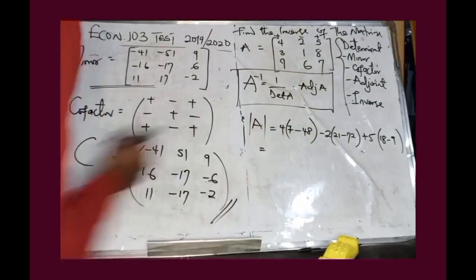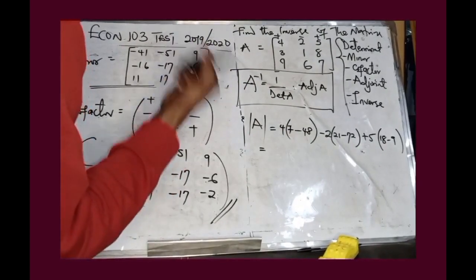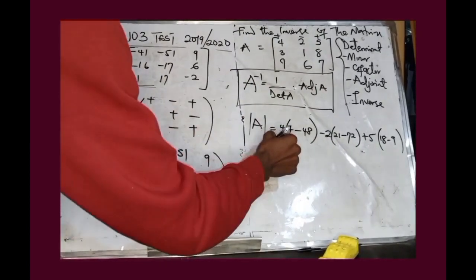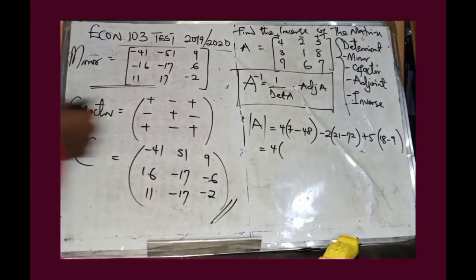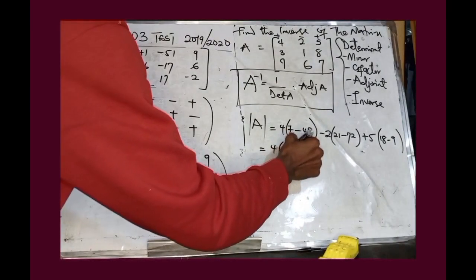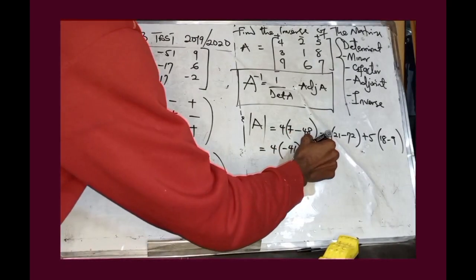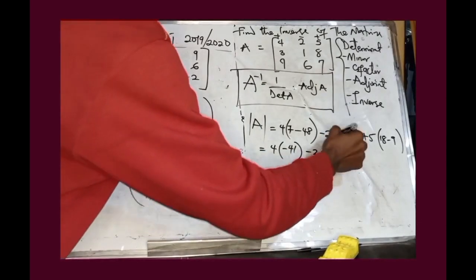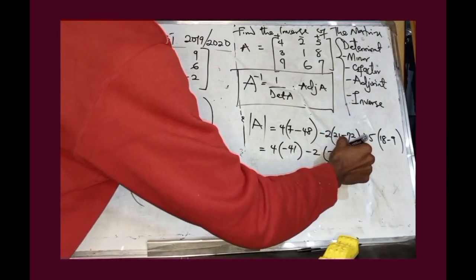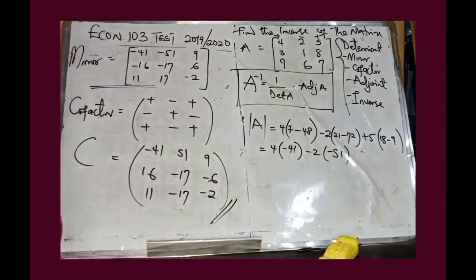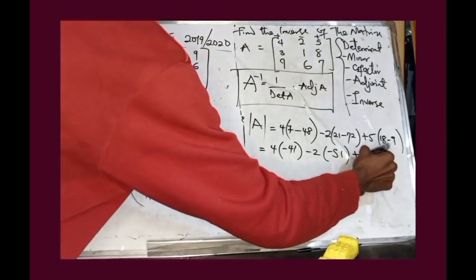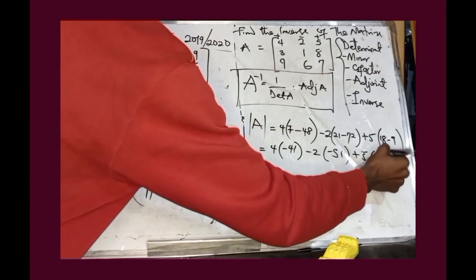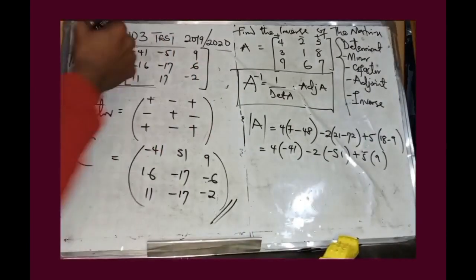So let's move on to simplify this. I have 4 open bracket, which gives minus 41, minus 2, and 21 minus 72 gives minus 51, plus 5, and 18 minus 9 is just 9.